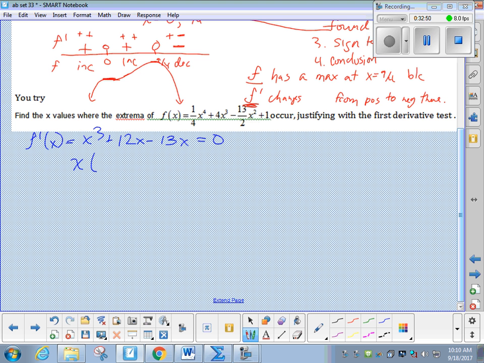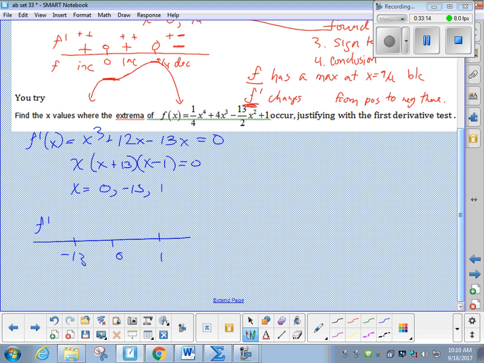Factor out a greatest common factor. And when you took an x out, how did the trinomial factor? X plus 13, x minus 1. So you get 3 horizontal tangents at x equals 0, at x equals negative 13, way off to the left, and at x equals 1. Negative 13, 0, and 1.